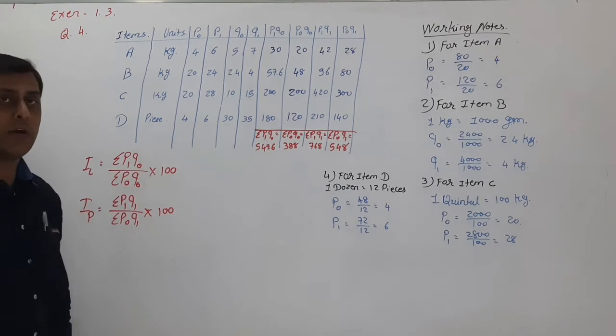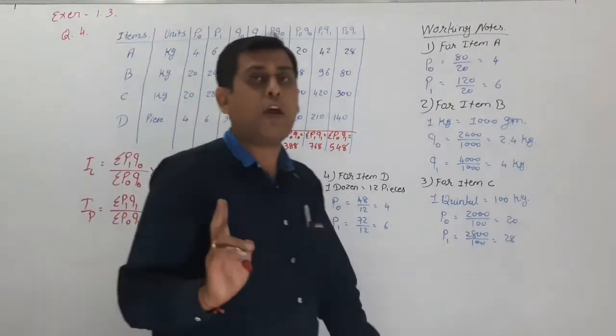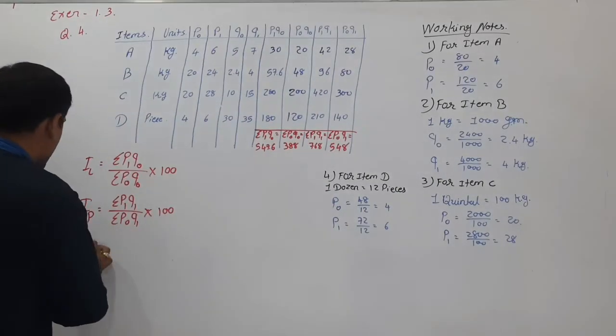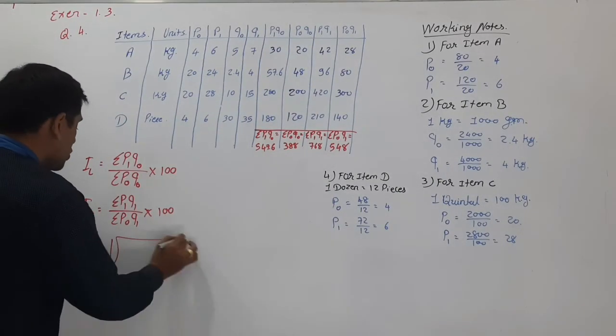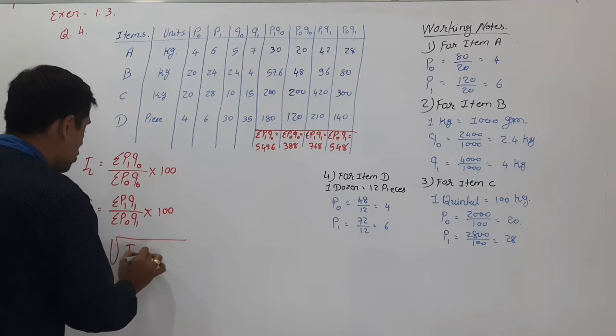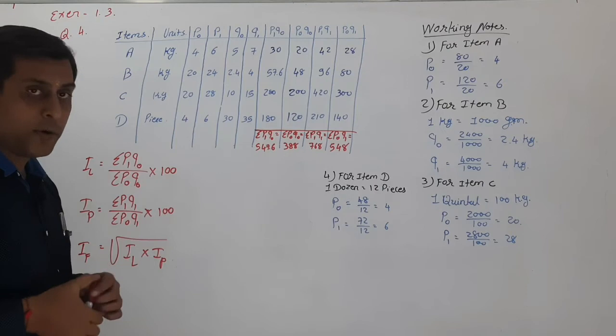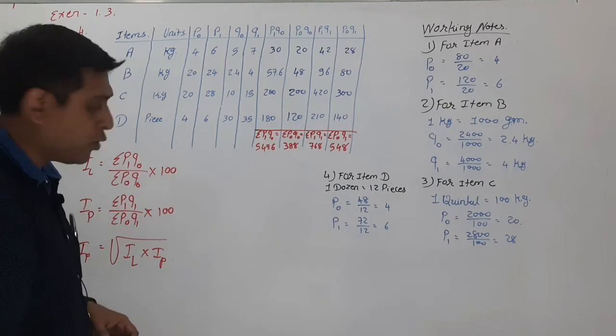And whenever these two are there, we have to write Fisher's formula as IF is equal to square root of IL into IP.